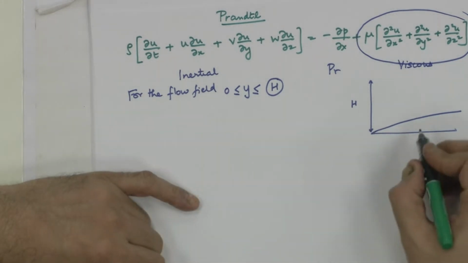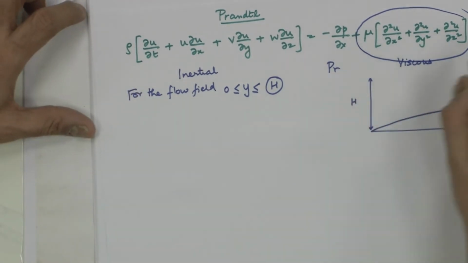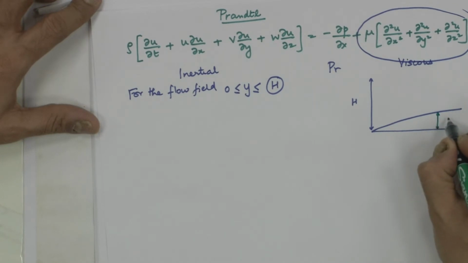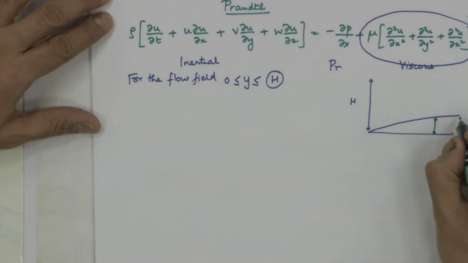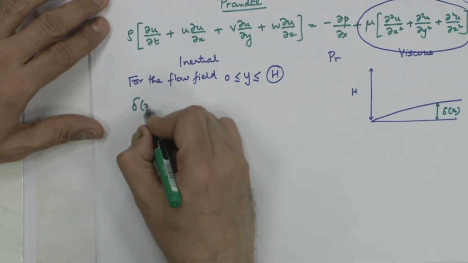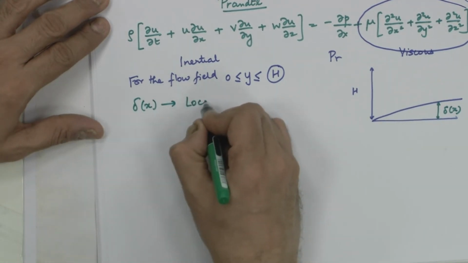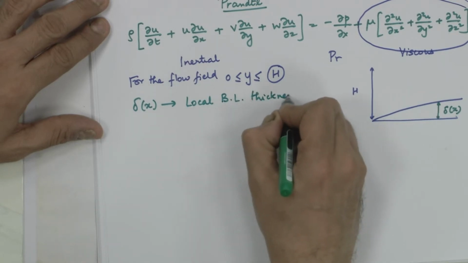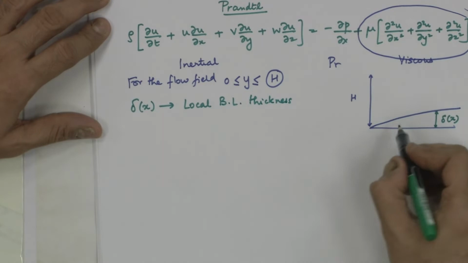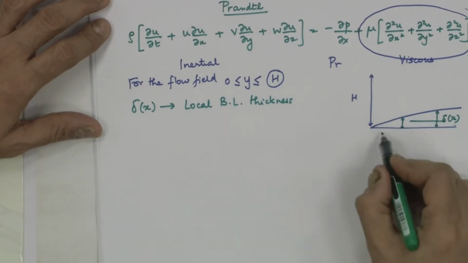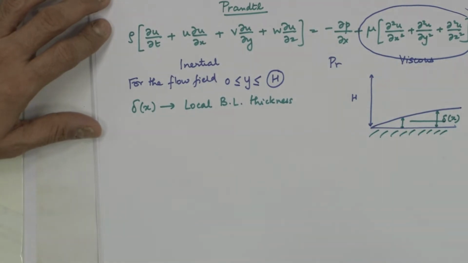He said viscous effects are important only inside a small region called the boundary layer region. The symbol for this is delta. Boundary layer thickness delta of x is the local boundary layer thickness. Why do we have a bracket x? Because this boundary layer thickness is progressively changing as I move along the flow direction. That is why it is a function of x.